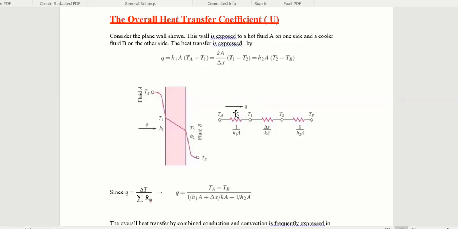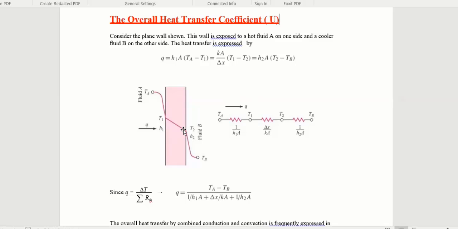So what is this first resistance called? The first resistance is called the convective resistance. Why? Because the heat is being transferred from the fluid to this solid, and the medium here is air. That's why it is convection. Now the heat is moving from point number 1 to point number 2, this inclined line, through the solid.